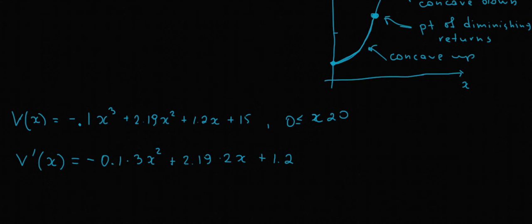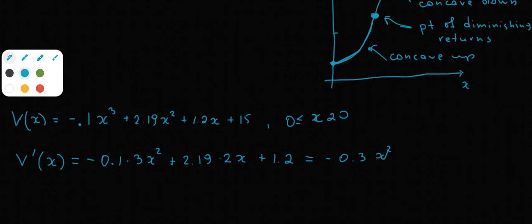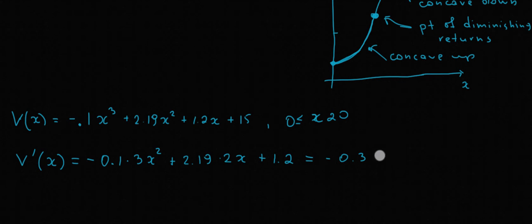Its rate of change is 0. Let me simplify this first derivative. It's negative 0.3x squared plus 4.38x plus 1.2.